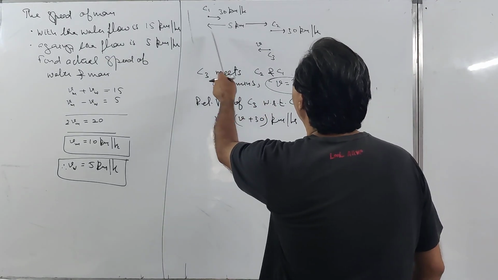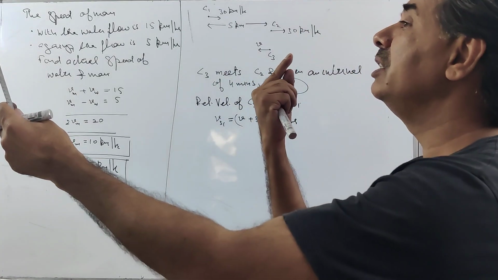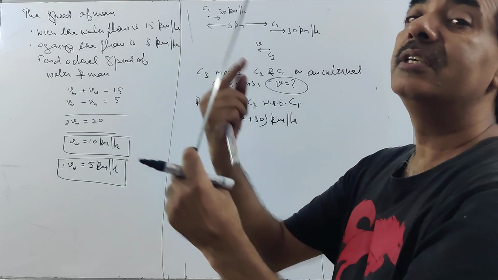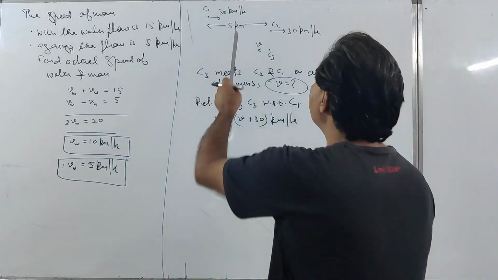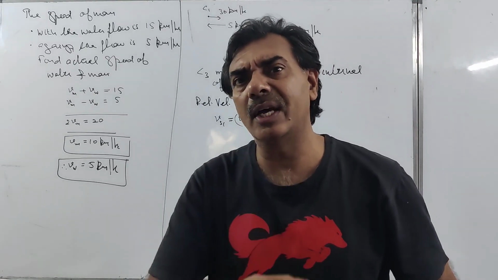Thus we have to cover the distance here. Actually it will not be like this. Some distance C3 will cover, some distance C1 will cover, and they will pass somewhere in between. Just try to understand relative speed, and from that the time comes.